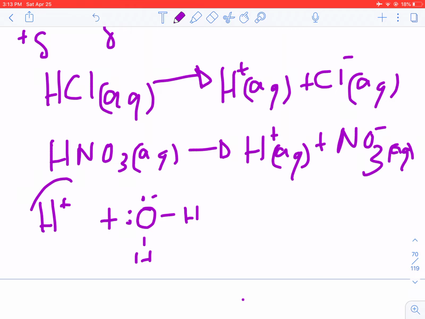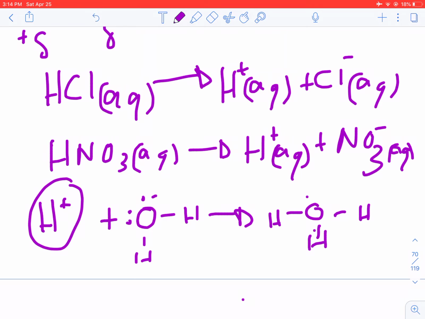So this particular hydrogen ion becomes stabilized by bonding with the OH, and we then have O, H, and H, like that, and that forms an ion like that.